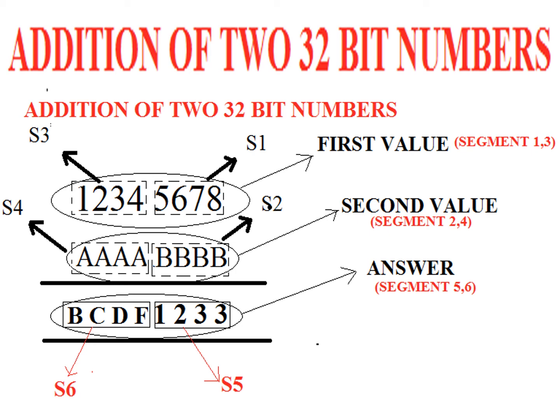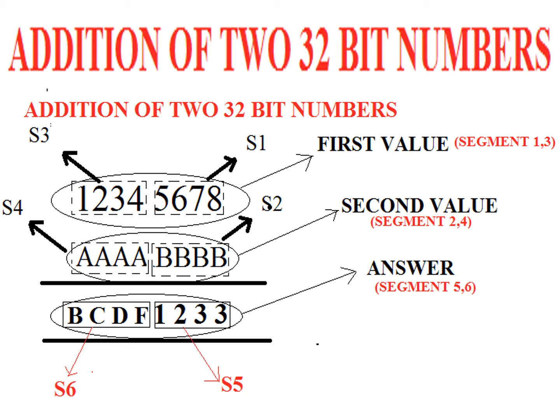So the first 32-bit number is 12345678. The second 32-bit number is AABBBB. I will split this 32-bit number into 16-bit and 16-bit. The first 16-bit is 5678 and BBBB, so it is stored in segment 1 and segment 2.